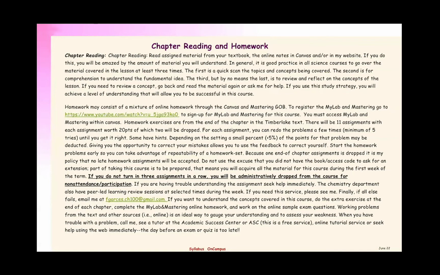But you'll be amazed what you can learn by reading. And then do the homework. The homework, I give you like 4 or 5 chances to get it right. So try it once, you get it wrong, try it again. So within My Lab and Mastering, there's multiple chances of doing the problem, okay?